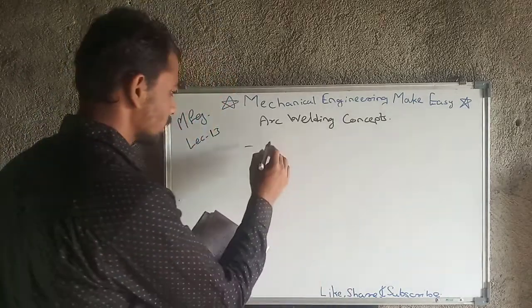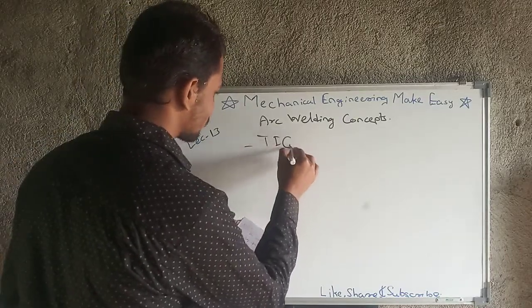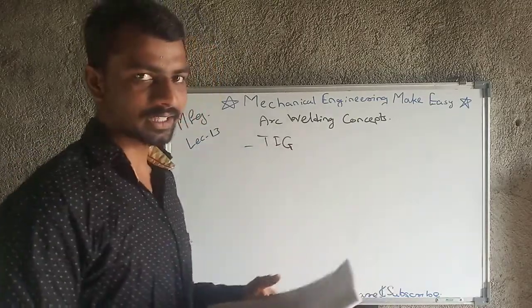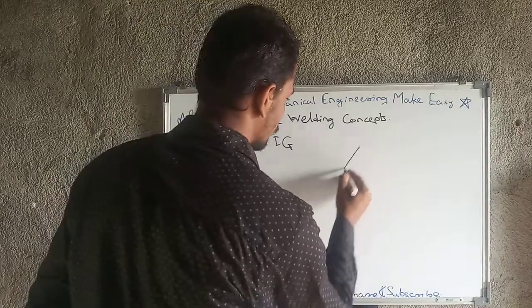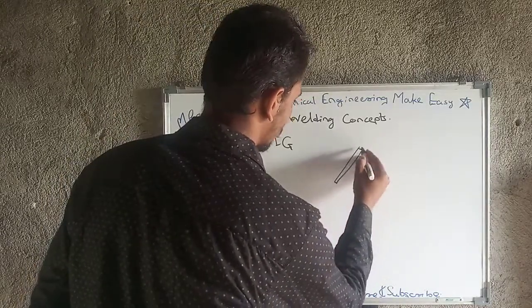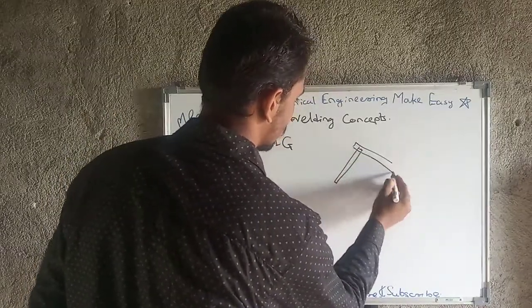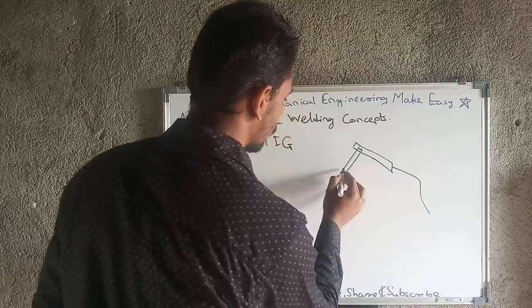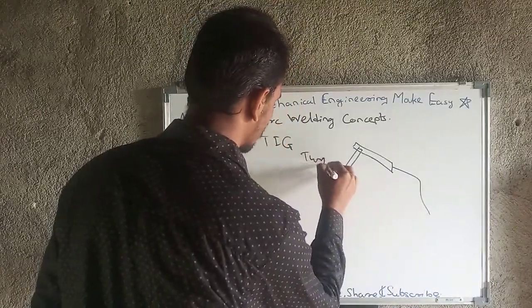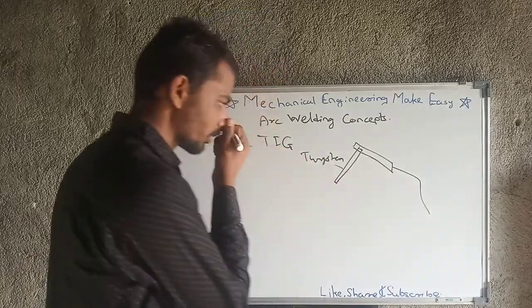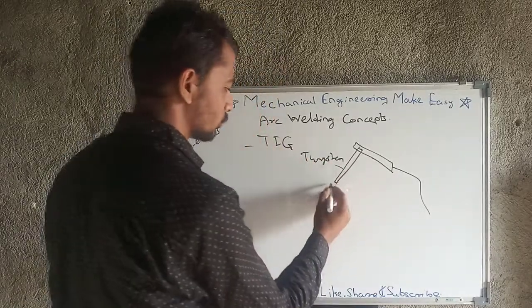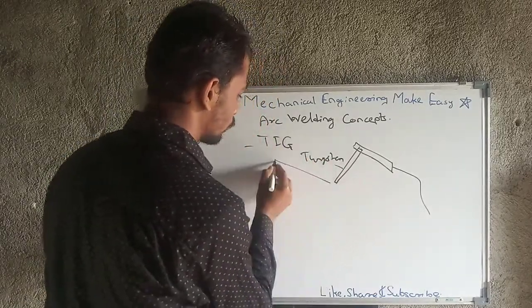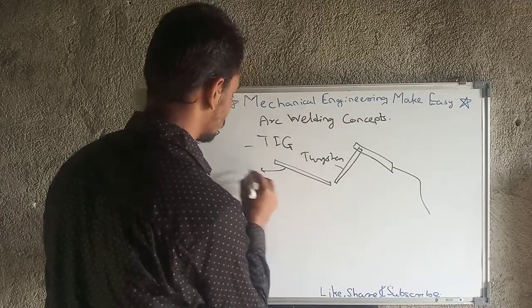Now we will move towards TIG, that is tungsten inert gas welding. What is that? The electrode used will be of tungsten. As the electrode is tungsten, it is a non-consumable electrode, so we have to use a separate filler material.